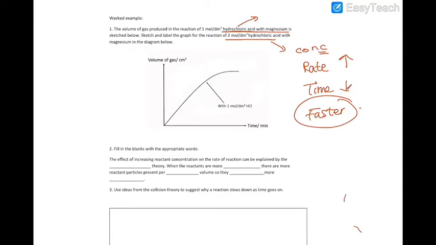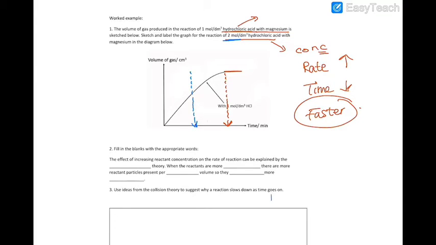Okay, so how would you sketch the graph? If we look at this graph here, this is the point where the reaction is over, which means that with 1 mole per dm cube, reaction is over in this amount of time. Now, if we do the reaction with a higher concentration of hydrochloric acid, the reaction will be over in less time.